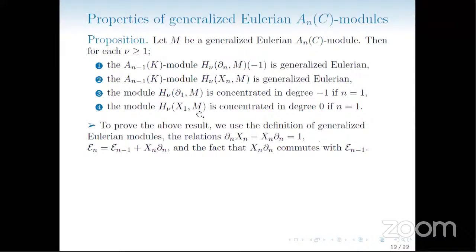To prove this result, mainly we have used the definition of generalized Eulerian modules, the relation that ∂_n x_n minus x_n ∂_n is 1, and the relation that η_n is η_{n-1} plus x_n ∂_n. Notice that this η_{n-1} is the Euler operator over A_{n-1}K or C. And the fact that x_n ∂_n commutes with η_{n-1}.